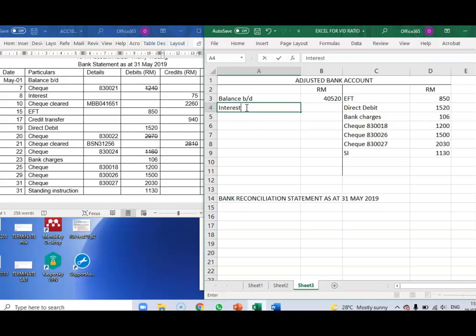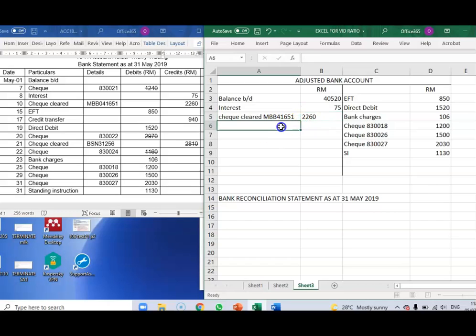Since the interest does not have any details, just put the amount 75. And the next one is check cleared, and you have details. See the details? MBB 41651. Just put the details, because it will make your life easier later on.